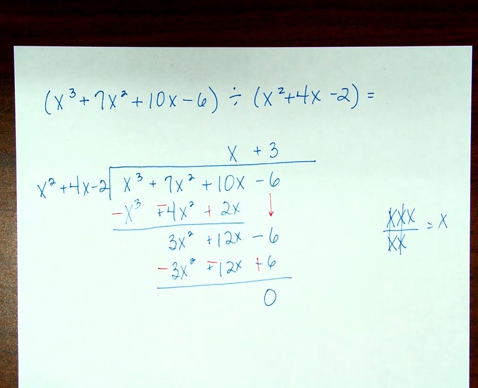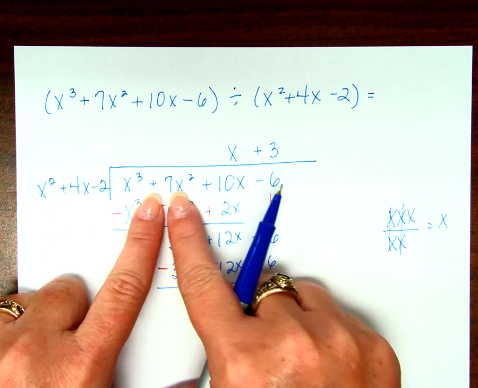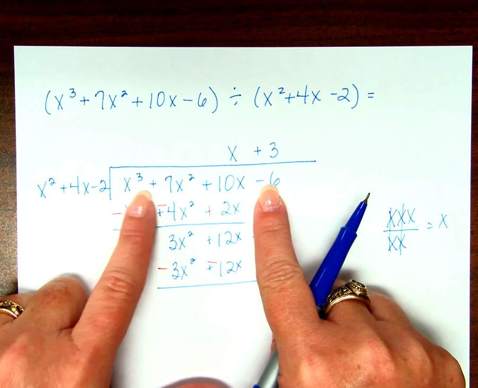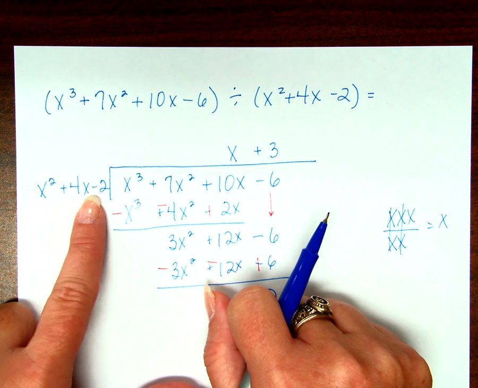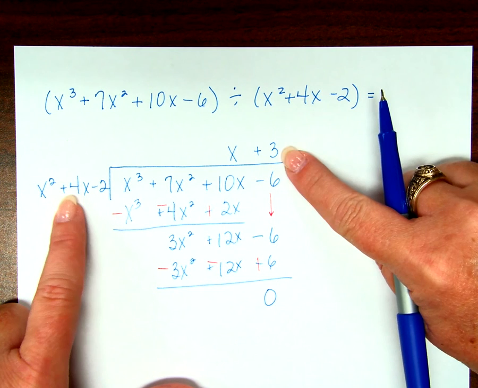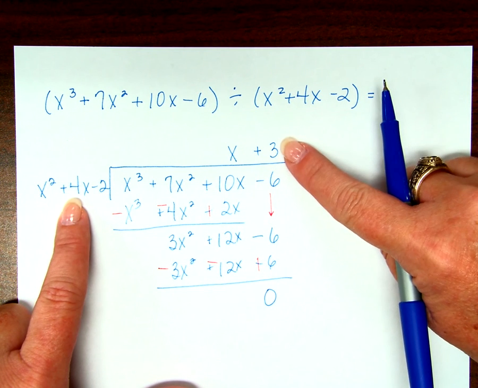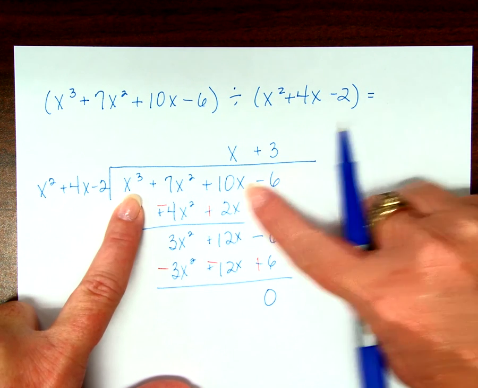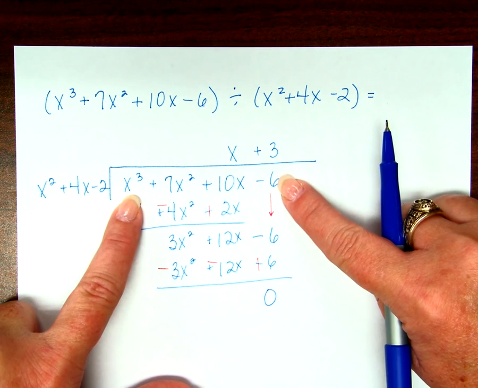So there's some vocabulary I'm going to need for you to have next week, and I would like to start using it today so you're familiar. You okay with that? If you're not okay with it, I'm still going to do it anyways. Okay, just so we're sure. When you take a polynomial and you divide it by a polynomial and you get a remainder of 0, both what you divided by and your answer are factors of this original polynomial.